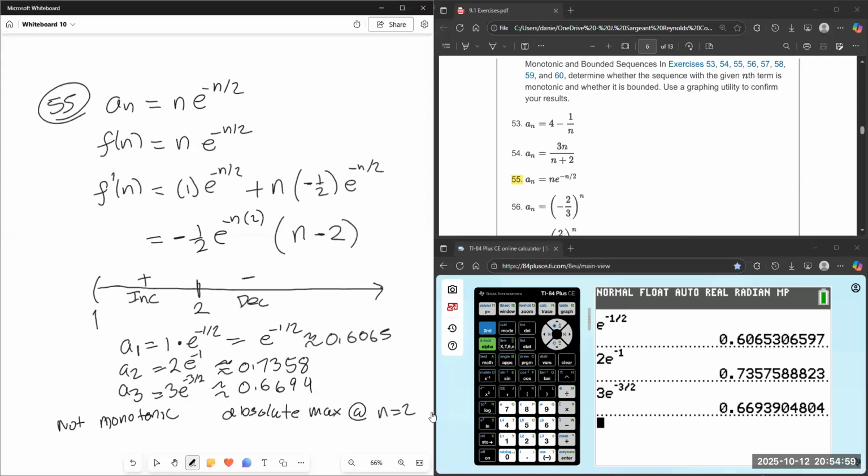So I can write that as the magnitude of the nth term is always going to be less than or equal to A2, which is equal to 2 over e exactly, which is approximately 0.7358.